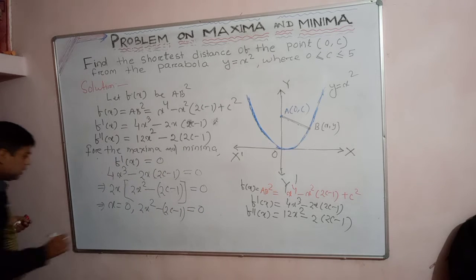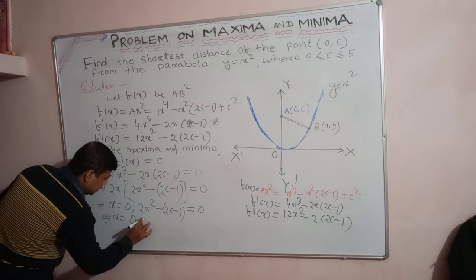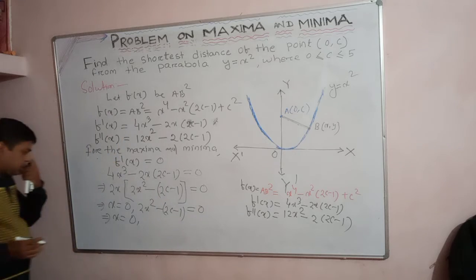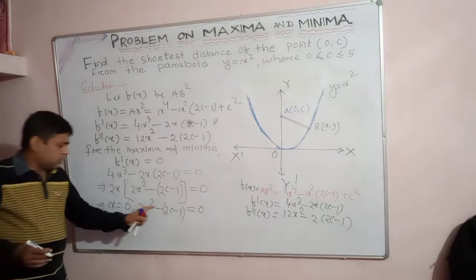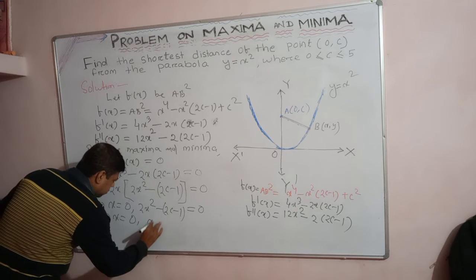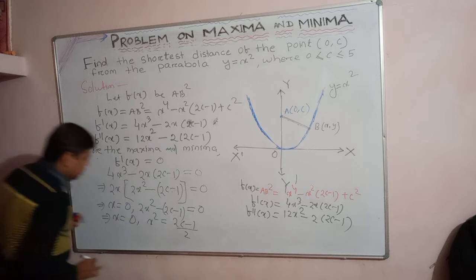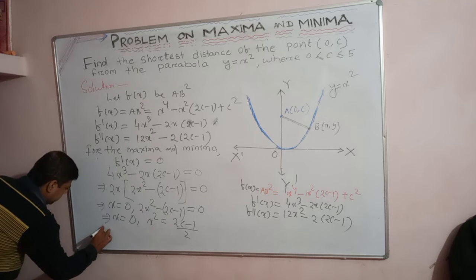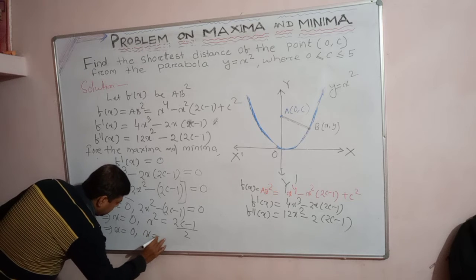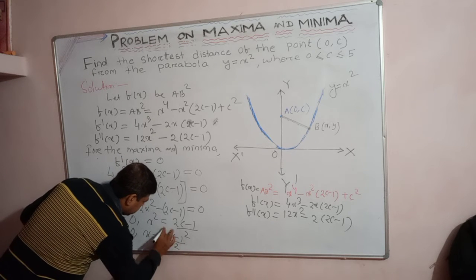So that implies x is equal to 0, and 2x square minus (2c minus 1) is also equal to 0. Here, 2x square is equal to 2c minus 1, transposed to the right hand side, so x square is equal to (2c minus 1) upon 2, and x is equal to plus minus the square root of (2c minus 1) by 2.